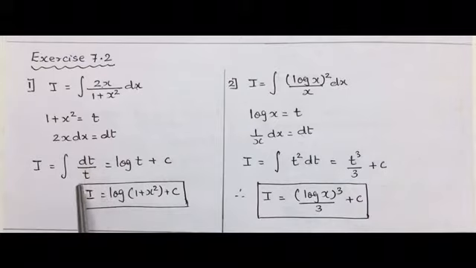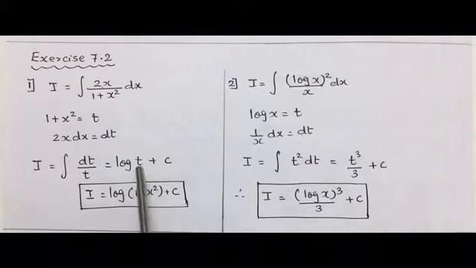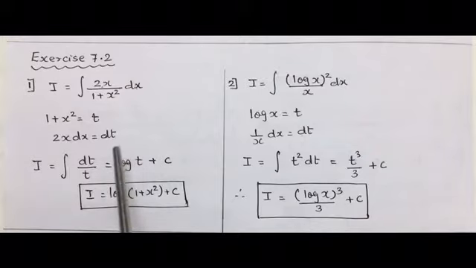Now 1 upon t's integration will become log t plus c. After integrating, the t value is substituted and that becomes 1 plus x square. So the final integration is log |1 plus x square| plus c. So this is how the method of substitution is used.